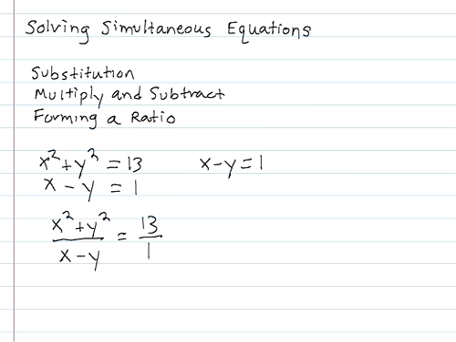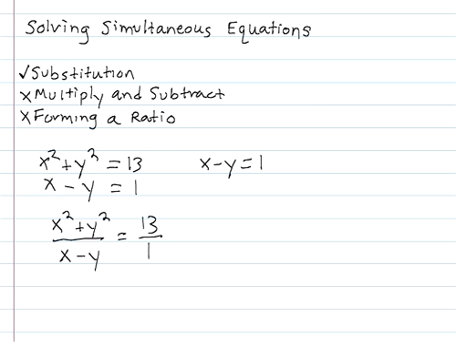Certainly the right-hand side is equal to 13, but there's no way to factor x squared plus y squared in the real number system, and there's no way to cancel that with the x minus y. So you're just stuck. For this example, you would want to use the substitution technique. The other two wouldn't work.